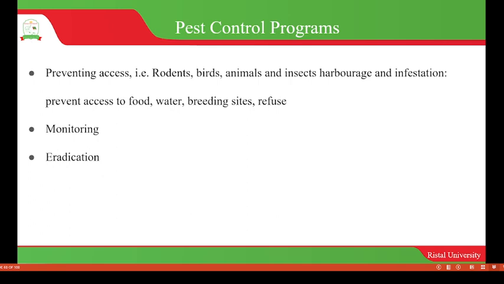Pest control programs. We have to always prevent pests from the establishment or the food production area, and we can do that by preventing the access of pests, for instance rodents, birds, animals and insects.